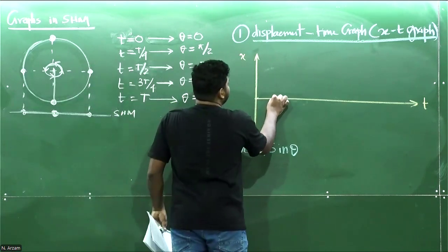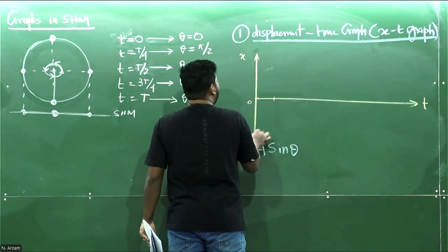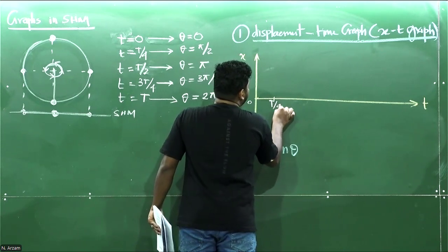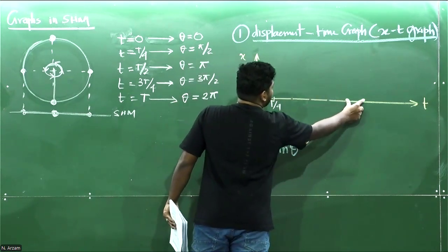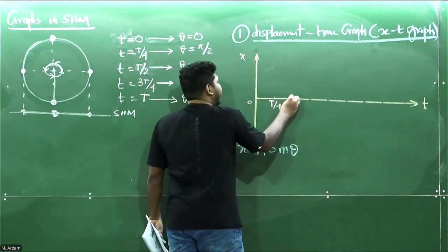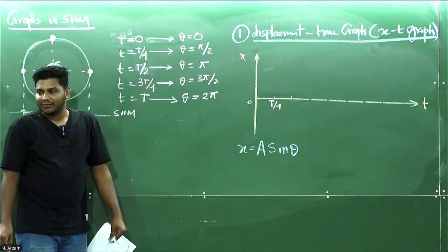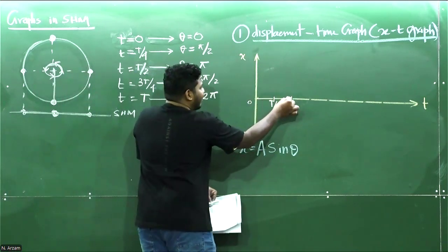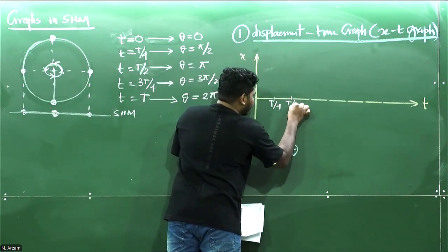So this is 0. The time is 0 here. This is T by 4. This is 2T by 4. What is 2T by 4? T by 2. 2 times T by 4, right? That is, 2T by 4 is T by 2.